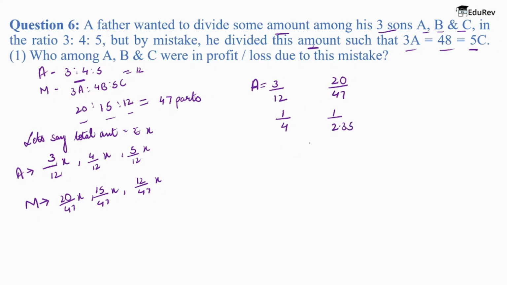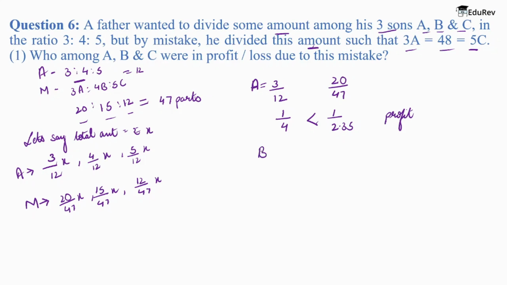So now you can easily say that you have to divide 1 into 2.35 parts here, and here you have to divide 1 into 4 parts. So the ratio after the mistake is greater. So A is in profit, right?